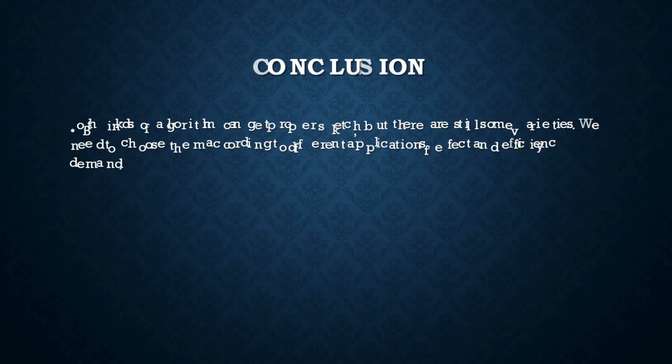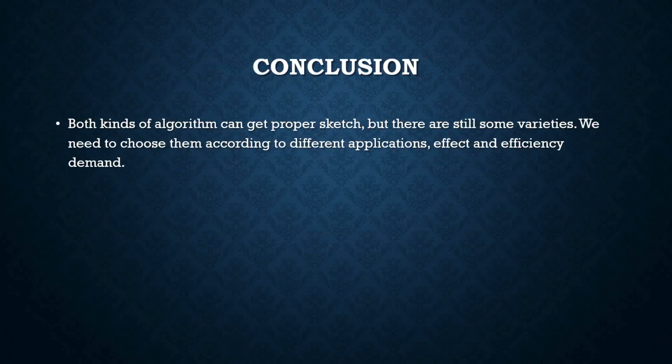Finally is the conclusion. Both kinds of algorithm can get a proper sketch, but there are still some varieties. We need to choose the algorithm depending on the demand. Like maybe some application needs to process the image in a short time, so it needs to choose space domain based because it has low latency.